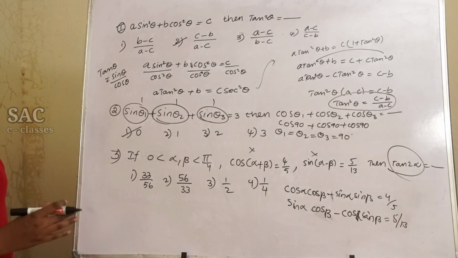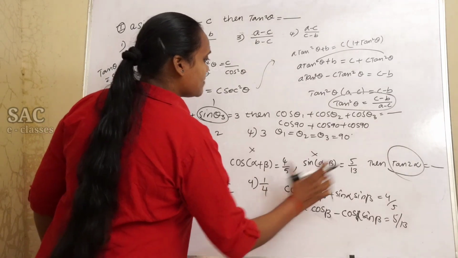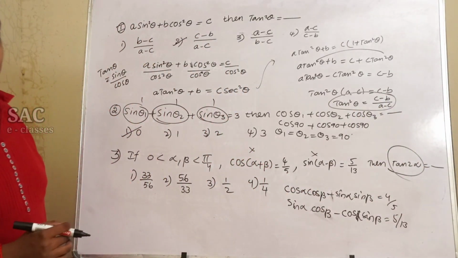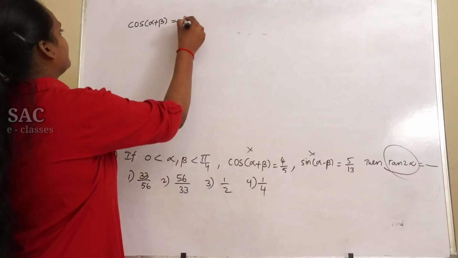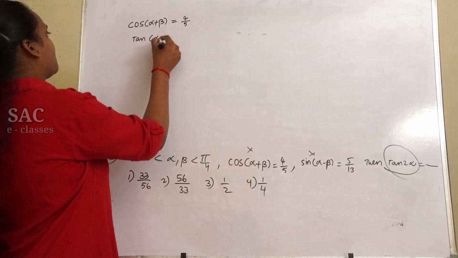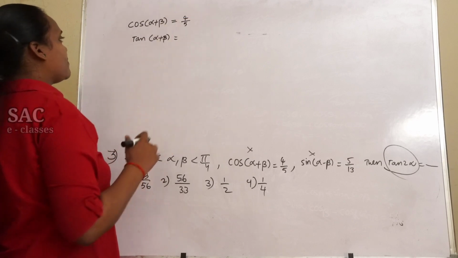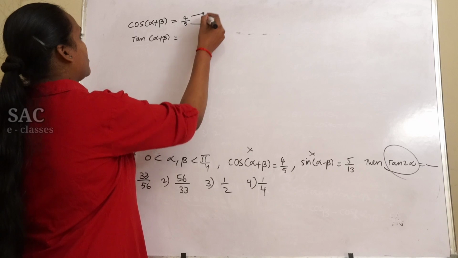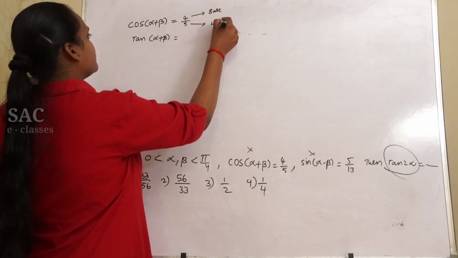Then what are we supposed to do? They gave the compound angles like this, but they are asking you to find tan 2 alpha. Let's do it now. Cos of alpha plus beta is 4 by 5, so find the tan of alpha plus beta value. Cos is 4 by 5 means cos is base over hypotenuse.